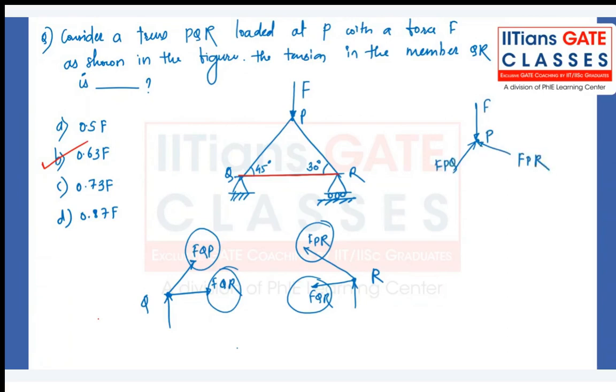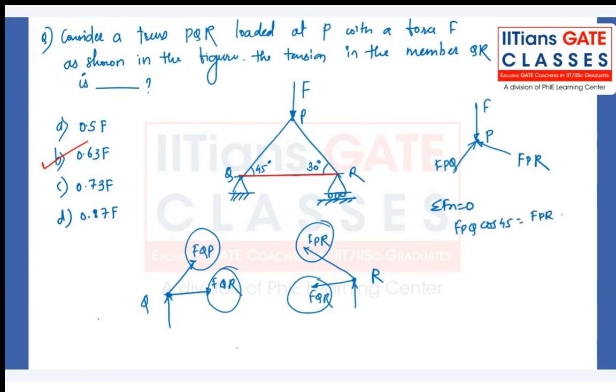So if you apply the equations of equilibrium here, let's write first the summation of all horizontal forces equal to 0. F PQ cos of 45 is equal to F PR cos of 30.